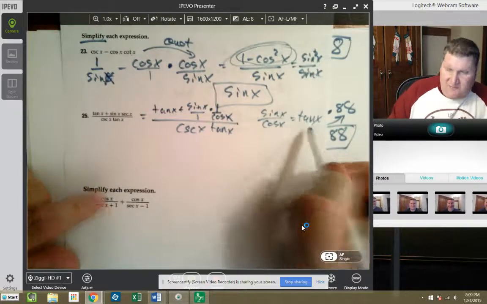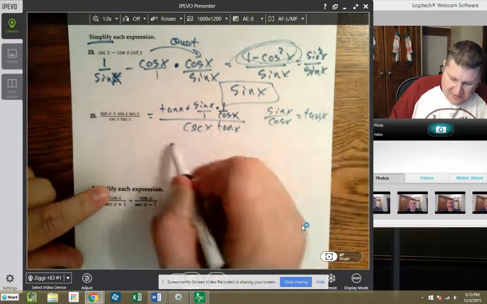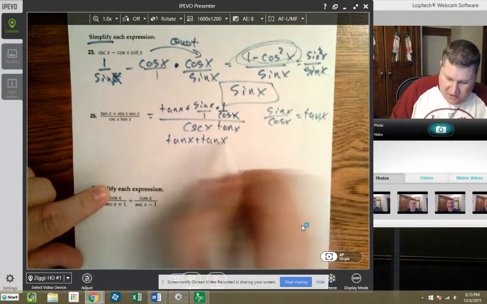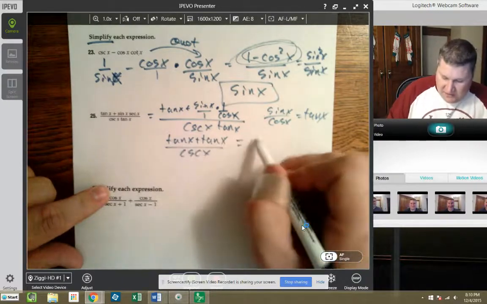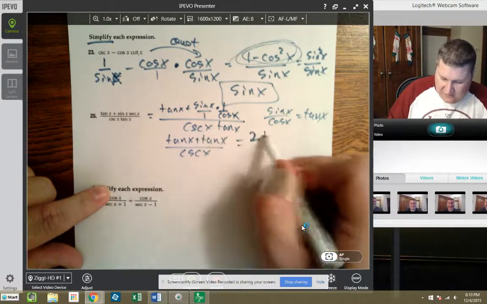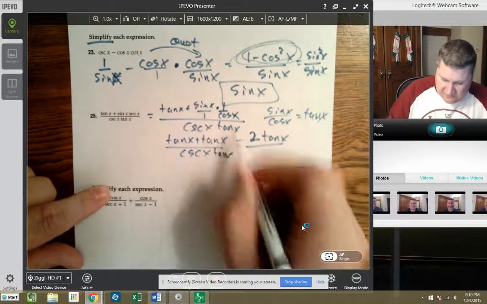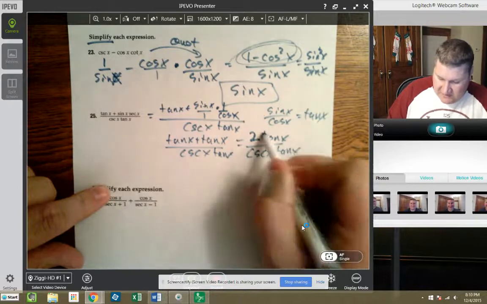So by putting this together, we actually have tan x plus tan x all over cosecant x. So that gives me 1 tan x plus another tan x is 2 tan x all over, sorry, I forgot to write the tan x here, cosecant x tan x.